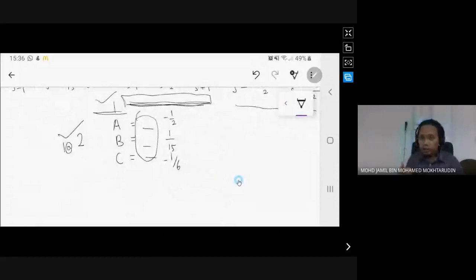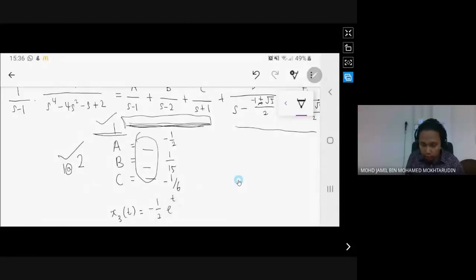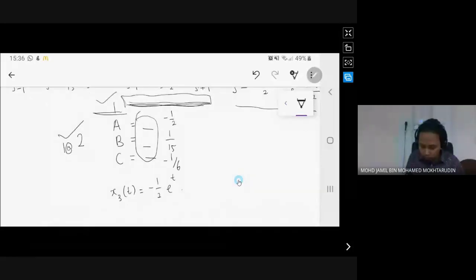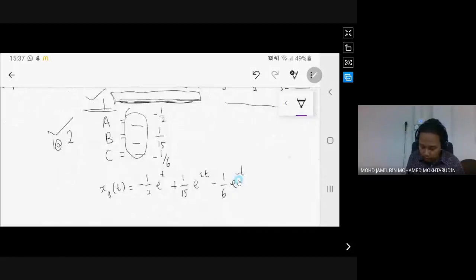Some of you even attempt to inverse the fraction into time response. Meaning that you calculate x3(t) equals, let's say, 1/2 minus 1/2 e power of t. Some of you calculate this, but for the first three only, maybe 1/15 e to t minus 1/6 e to minus t, and then the rest you don't know.